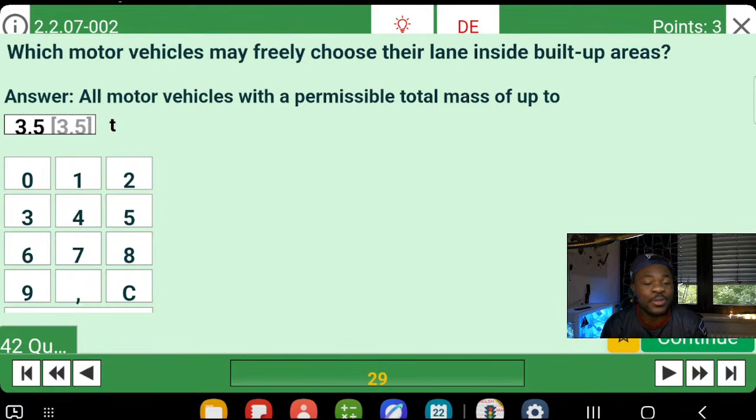But for you to be free to choose which lane you want to drive on in your driving direction in a built-up area, the answer is 3.5 ton. So you need to have a permissible total mass of up to 3.5 ton. So know the difference between this question and the other one.